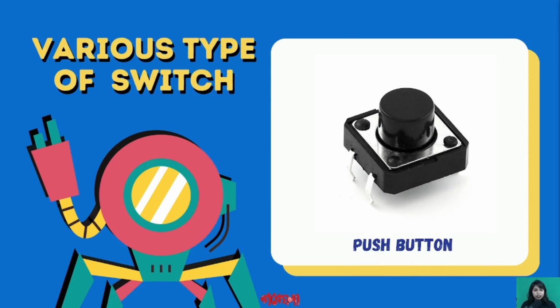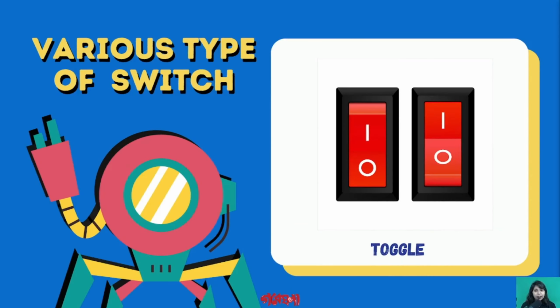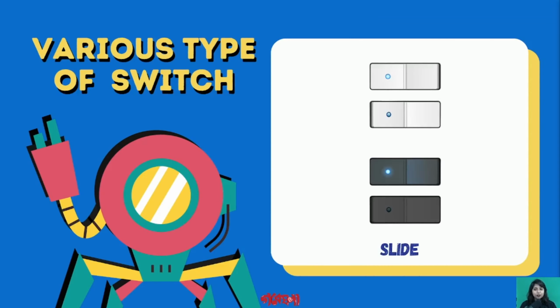Push button switch. It is a switch that turns the circuit on when pressed. Example, doorbell. Toggle switch. It is a lever that is pushed up or down to turn on and off. Example, light switch in your room. Slide switch.